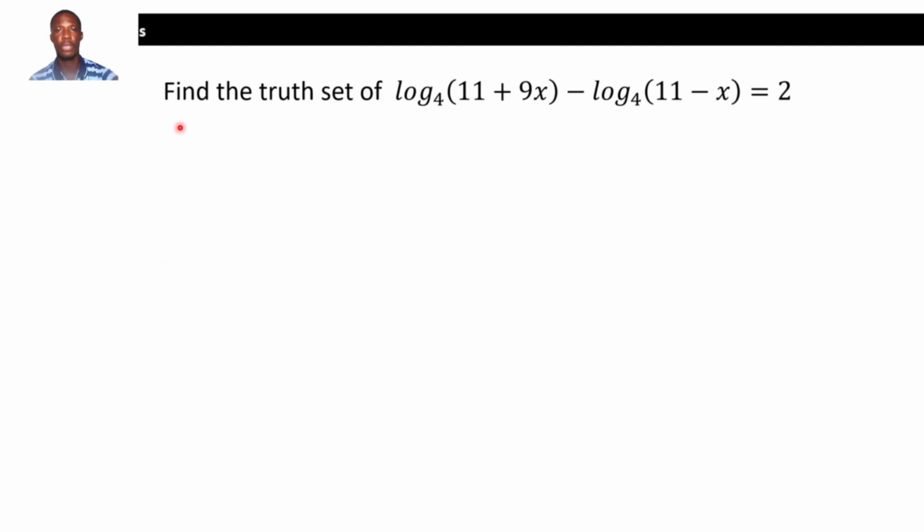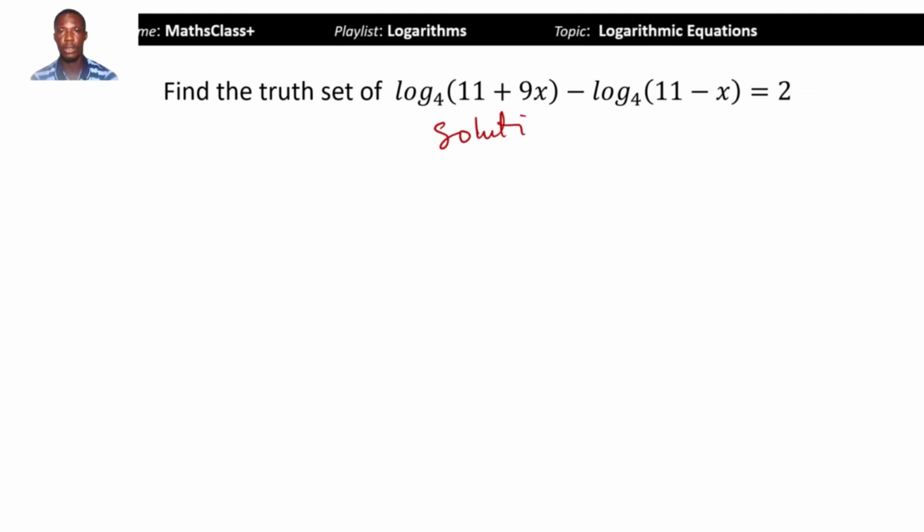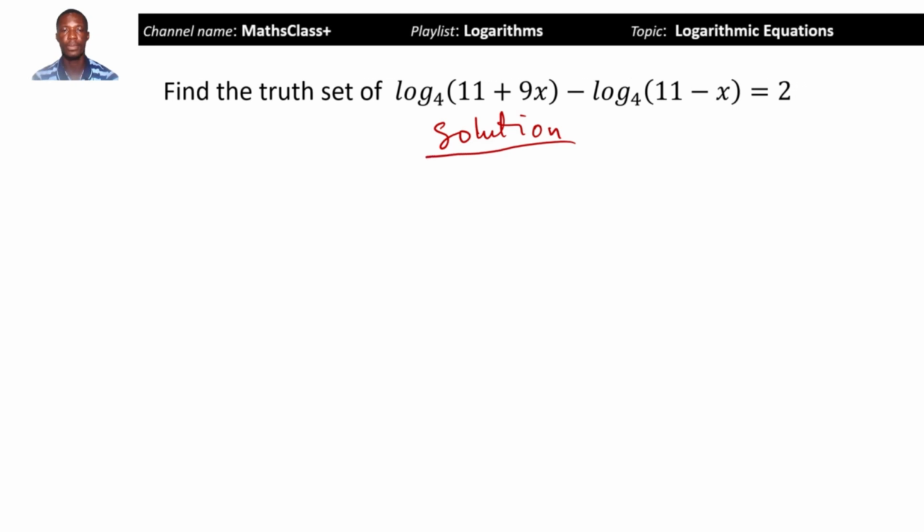So this example is very similar to the one we just did. We are to find the truth set. So this one specifies a truth set. Okay, so we go ahead and solve to find the truth set.